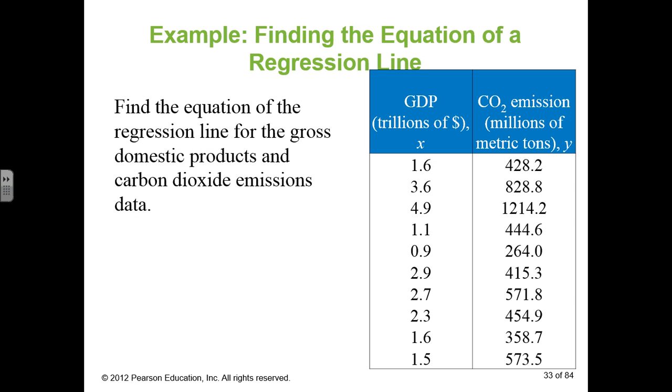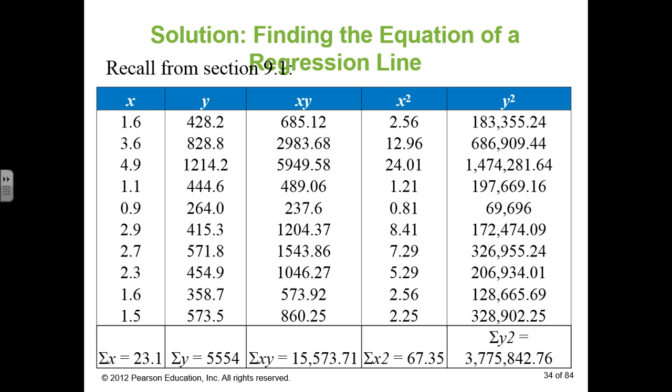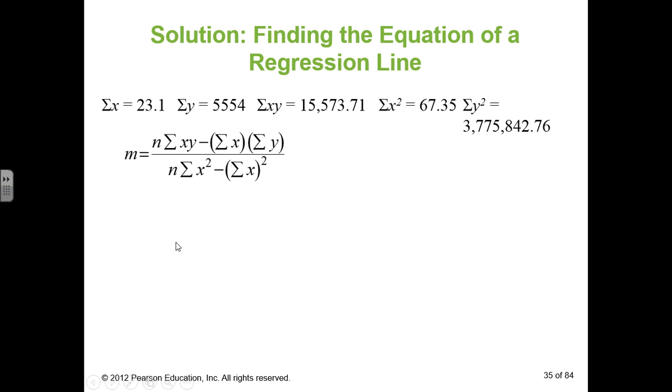So let's continue with the example we had in 9.1, where we set up the table to find the correlation coefficient. Recall this table, right? And now we're just going to use those values. n was 10, and we have the sum of the x times the y, the sum of the x's, the sum of the y's, and n times the sum of the x squareds minus the sum of the x's quantity squared.